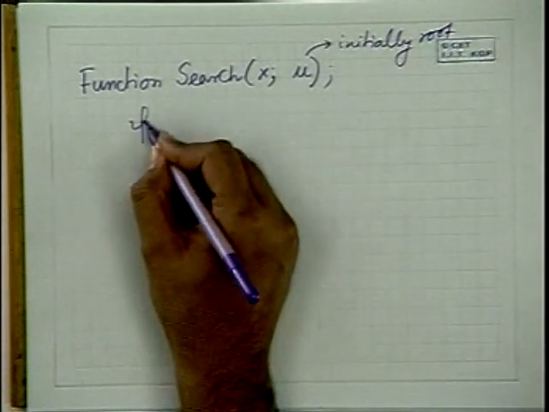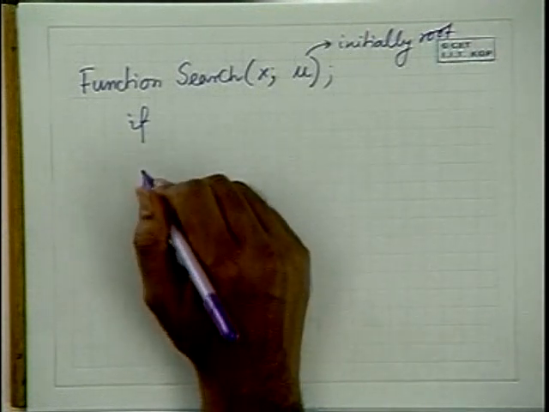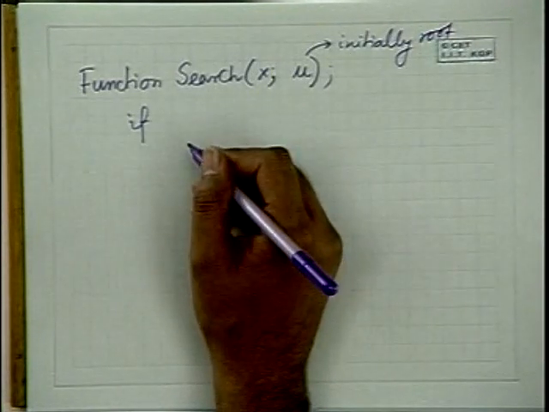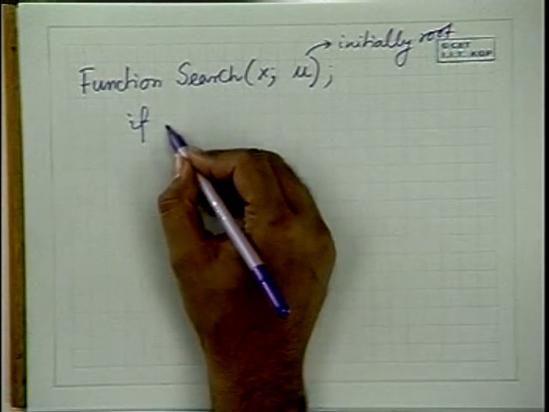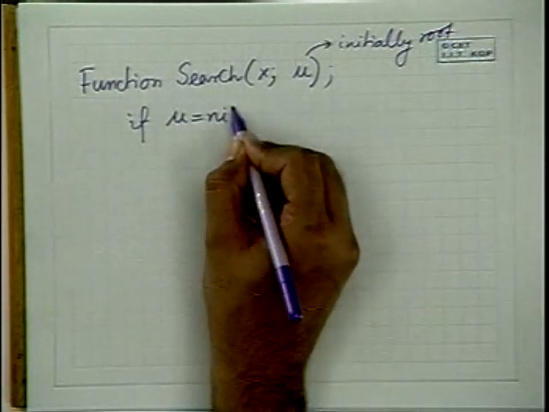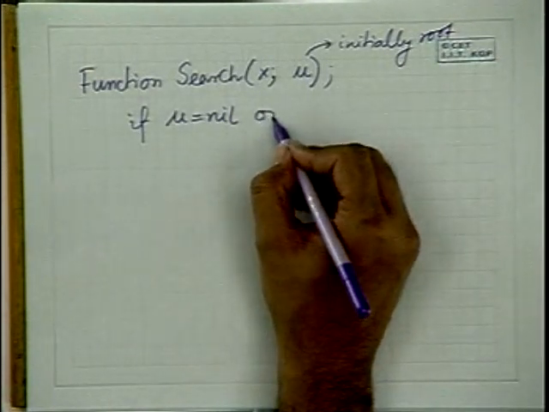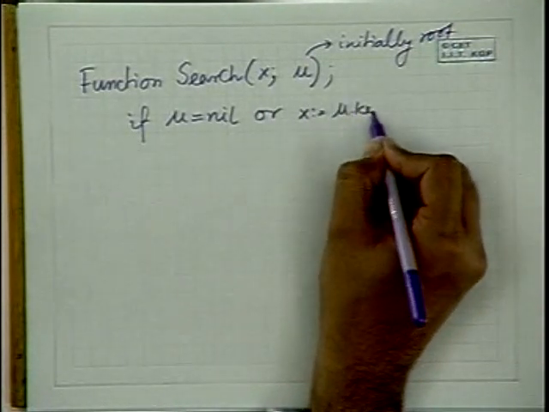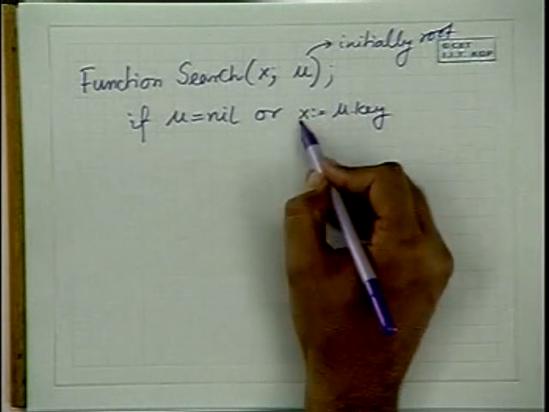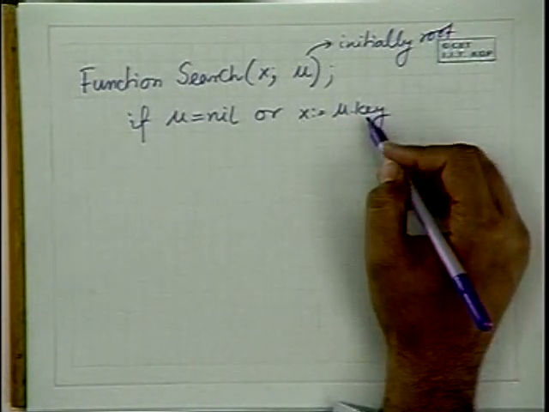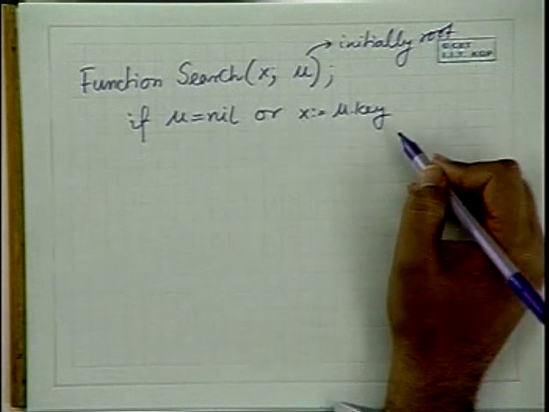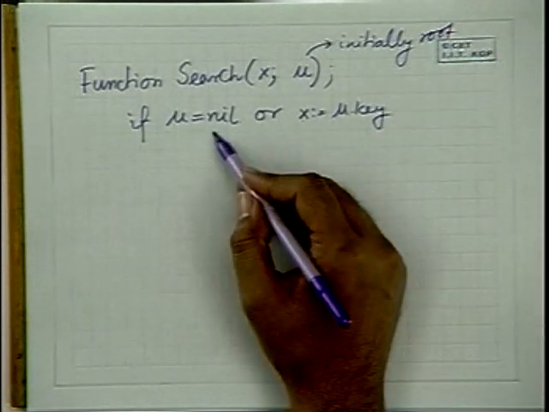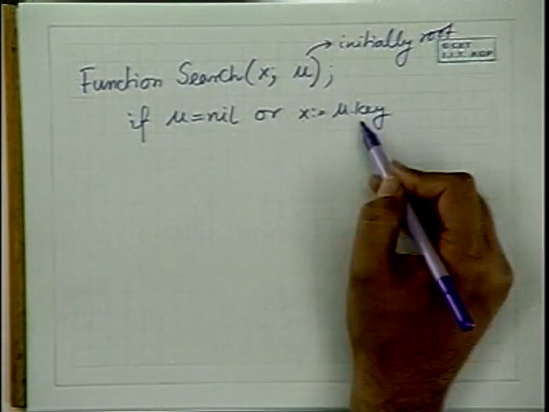Okay. As we know, in any recursive call, first you have to check the boundary condition. If mu is equal to nil, or x is equal to mu dot key, basically you have found it. In both these cases you have to quit this algorithm. In the first case you have not found it, in the second case you have found it.